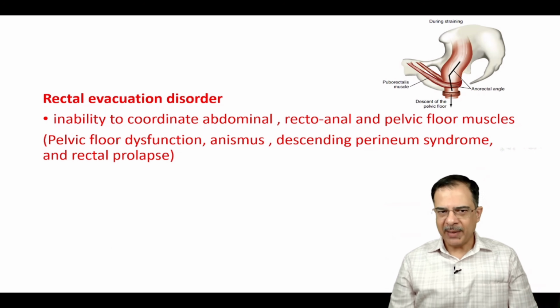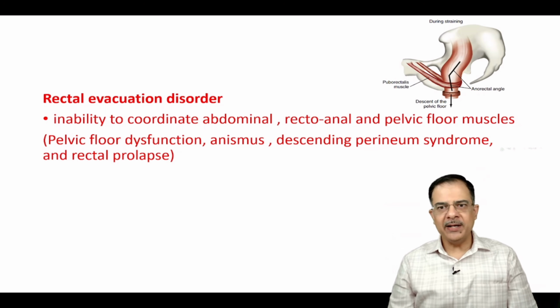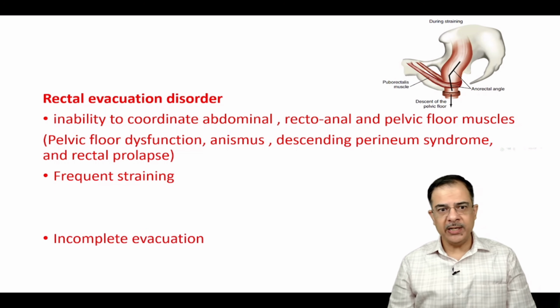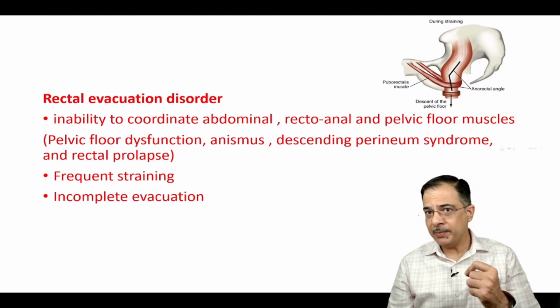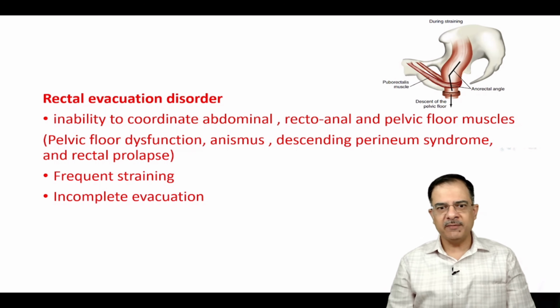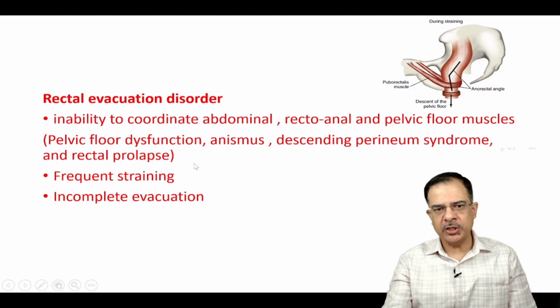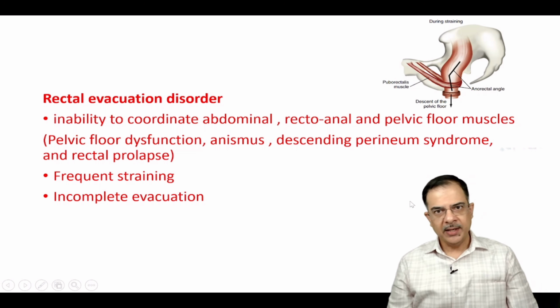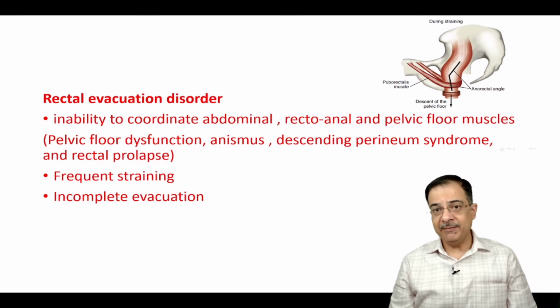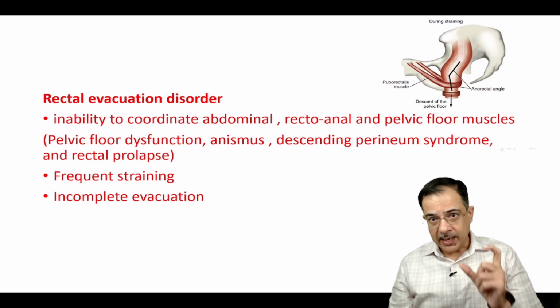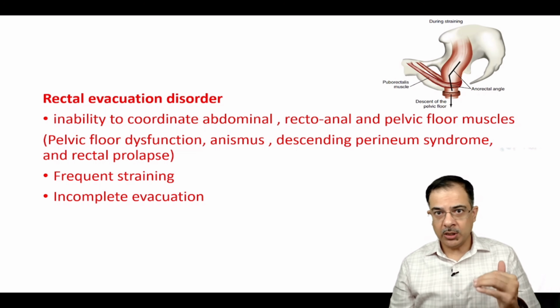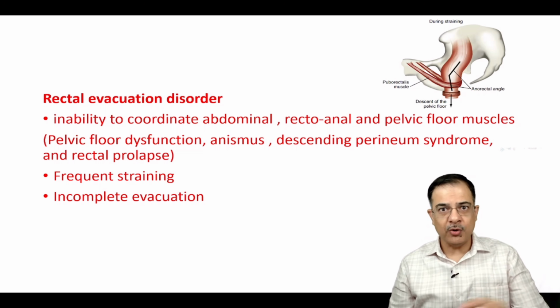So these are pelvic floor dysfunctions, descending perineal syndrome, or rectal prolapse. The patient's main symptoms will be frequent straining and a sense of incomplete evacuation. This is a very important feature to ask the patient about: incomplete evacuation and frequent straining. That will suggest a rectal evacuation disorder, because it will not fully respond to fiber supplements or laxatives.